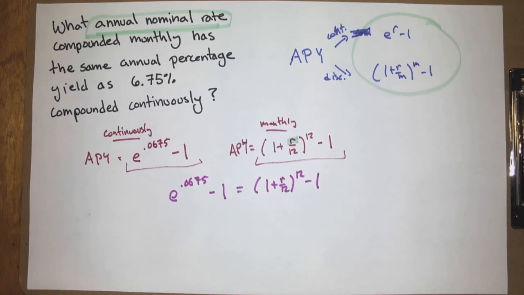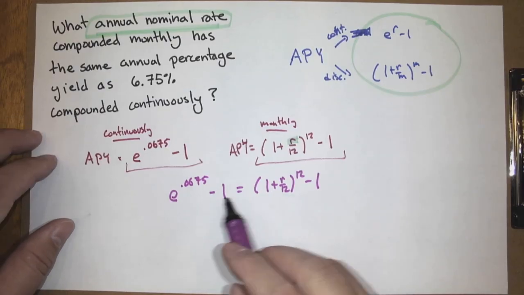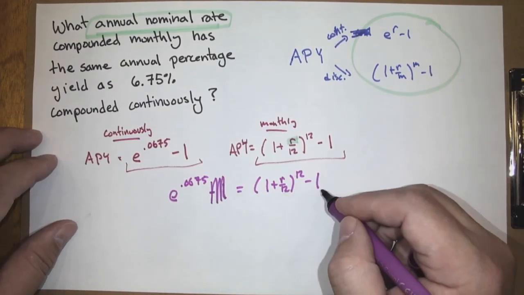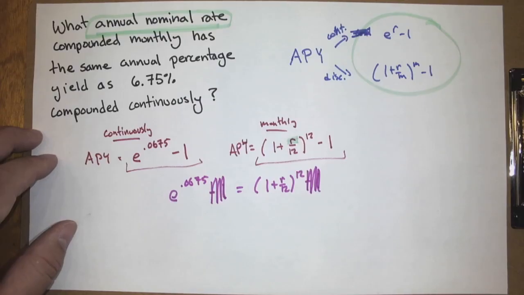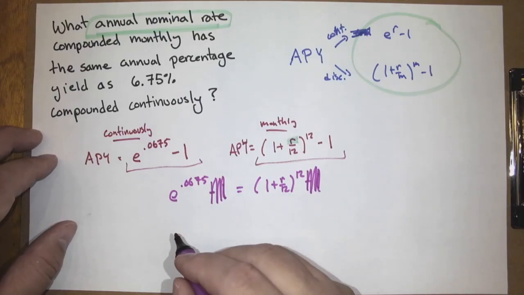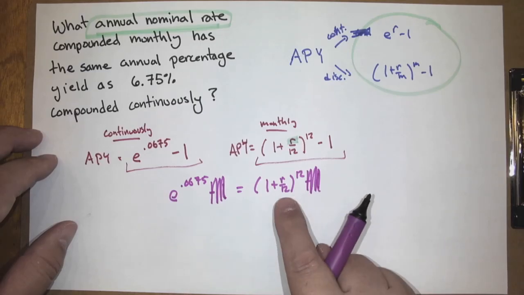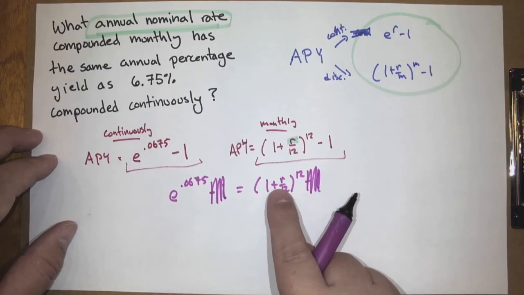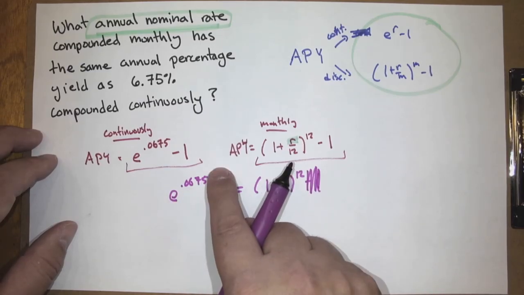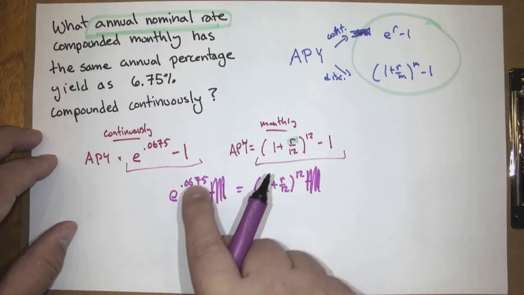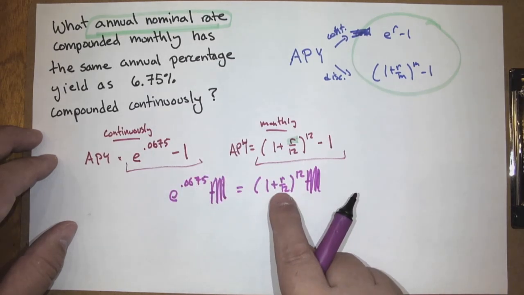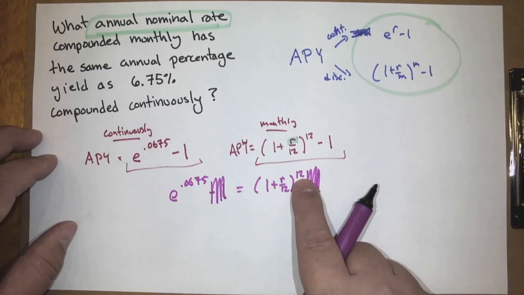All right. And now we're back into familiar territory. What can we do? You can add 1 to both sides. Okay, that gets rid of the minus 1s. Take the natural log? Well, we don't need to take natural log because what we're solving for is r. That's not upstairs. You use natural log when what you're solving for is upstairs. r is inside a power.